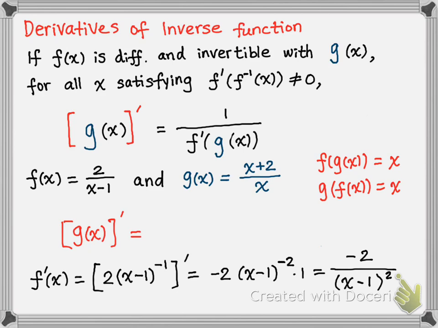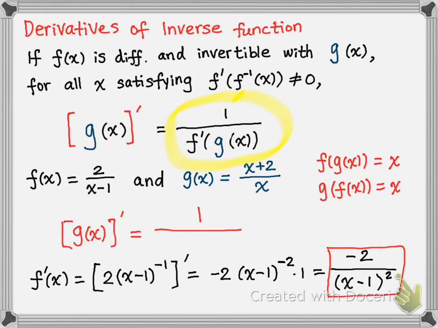And then all you need to do is plug it into the inverse function formula right here. It tells you the derivative of the inverse is just 1 over f prime. So we know f prime right here. But instead of f prime of x, you have to say f prime of g of x.